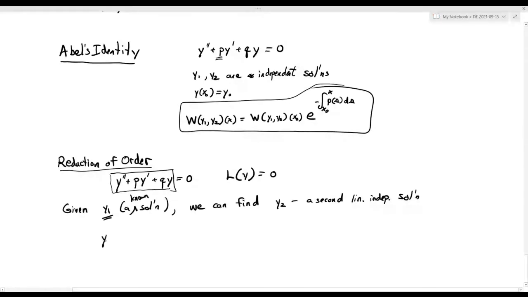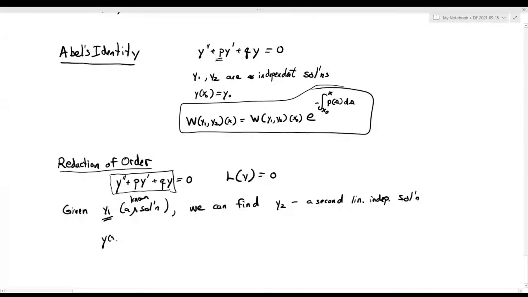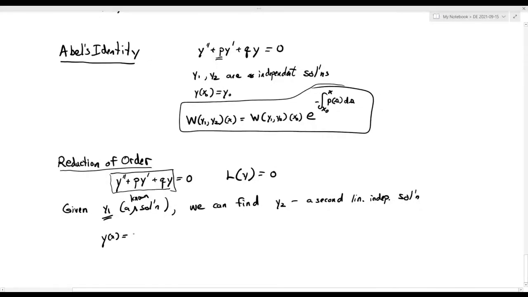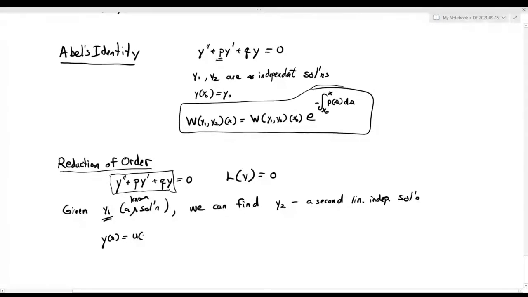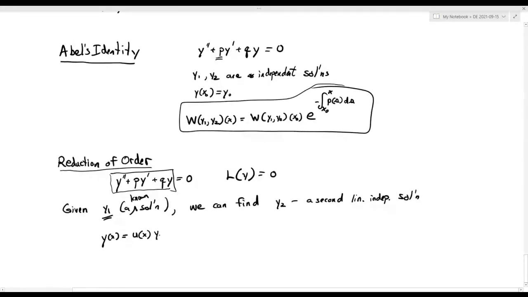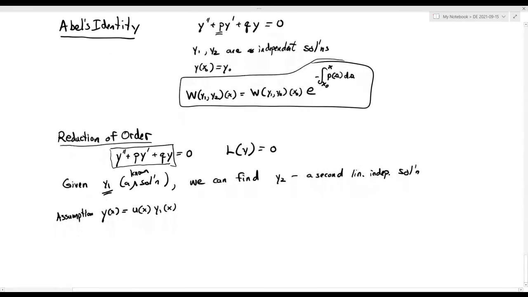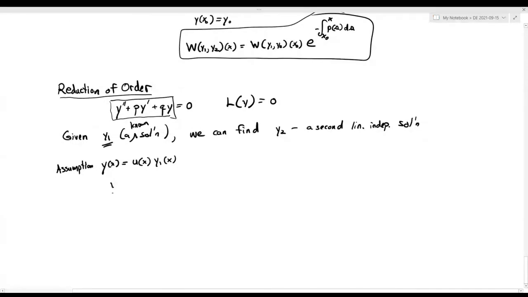What we assume is that there's another solution which is a multiple, let's call it u. So you have a function of the independent variable multiplying the known solution. That's the assumption in reduction of order, so that we can find a second solution by simply multiplying the first one by some unknown function of x. For short, I'll just write this as y is equal to u times y1.